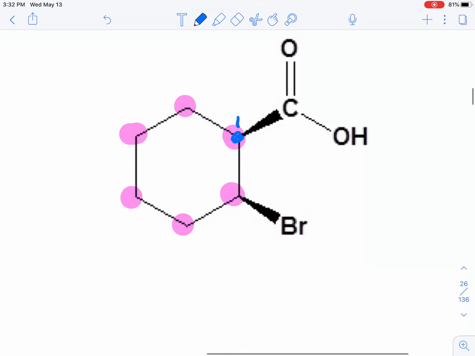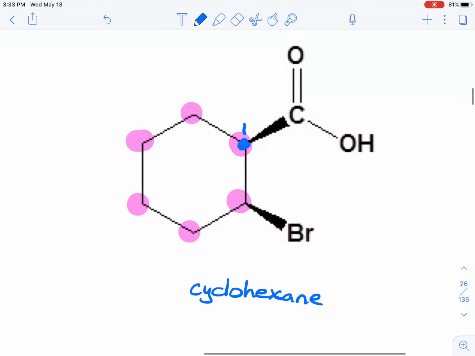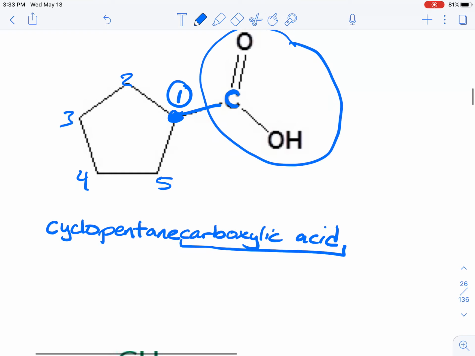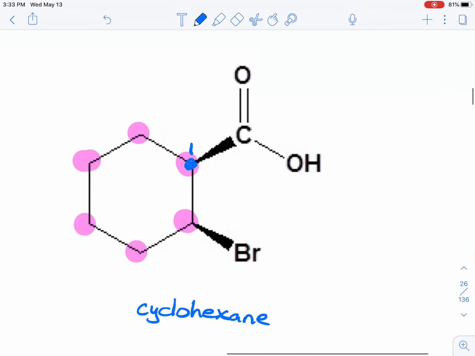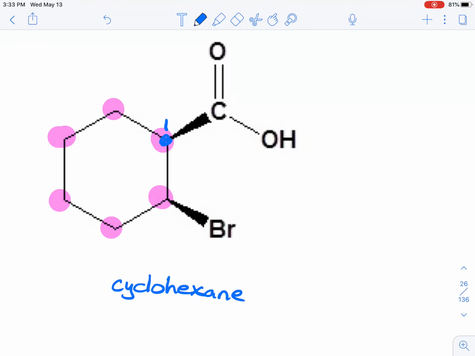And so this is going to be a 6-carbon ring, which is going to translate as cyclohexane. I'm using the A and E because there are no double bonds present in my ring. And very similar to what we did in the previous example, we're going to describe the functional group by using its full name. So cyclohexane carboxylic acid.